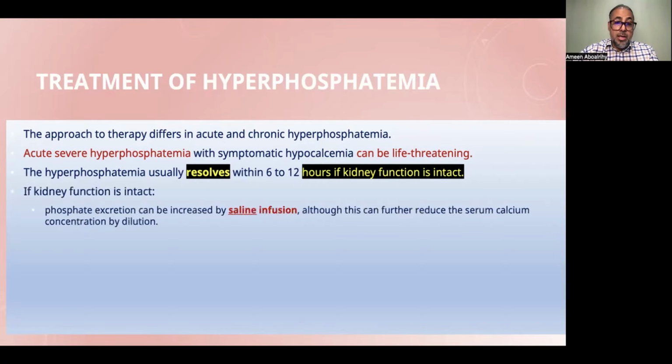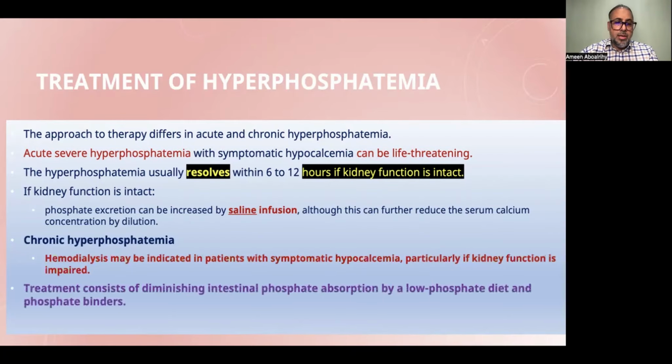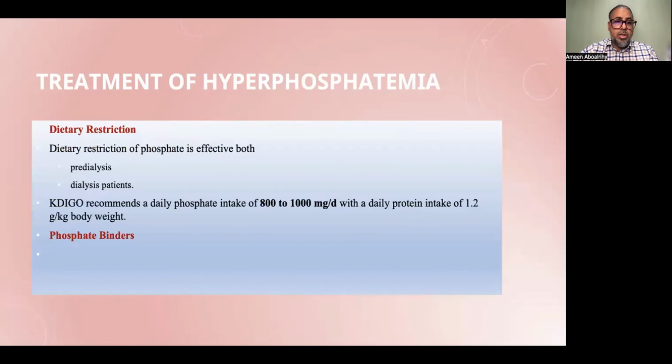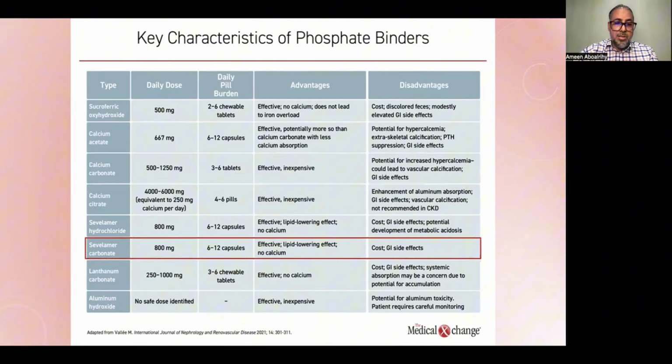If kidney function is intact, you give saline, which will enhance getting rid of hyperphosphatemia. If the hyperphosphatemia is chronic and the kidney function is impaired, hemodialysis would be the best anyway. But before hemodialysis, you do diet restriction and you give phosphate binders, which are either calcium based or non-calcium based, like sevelamer.